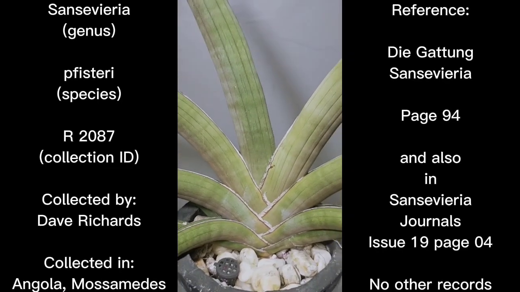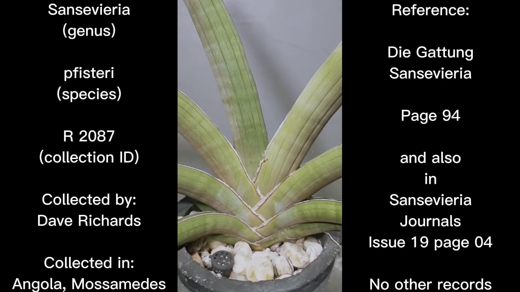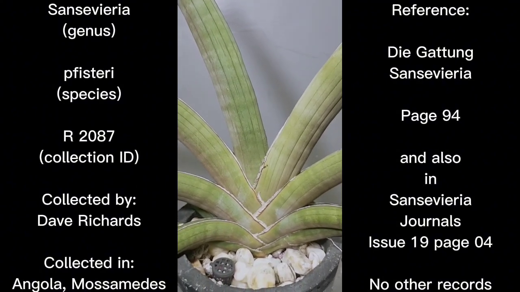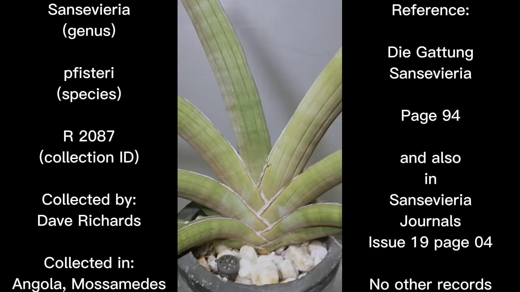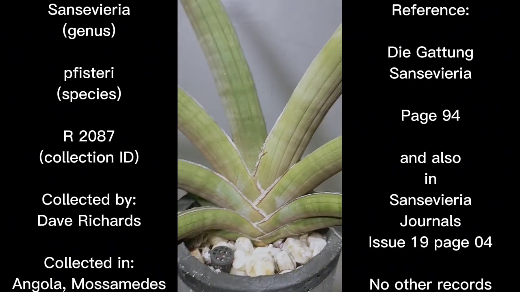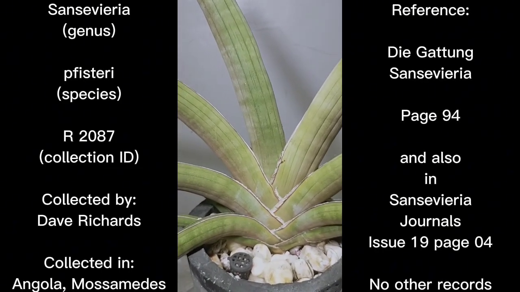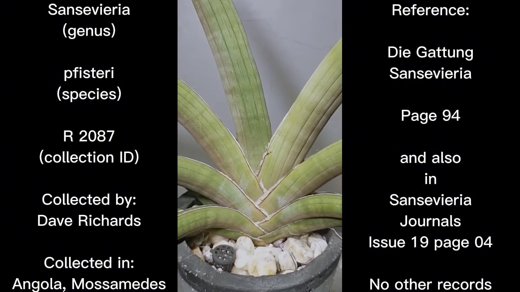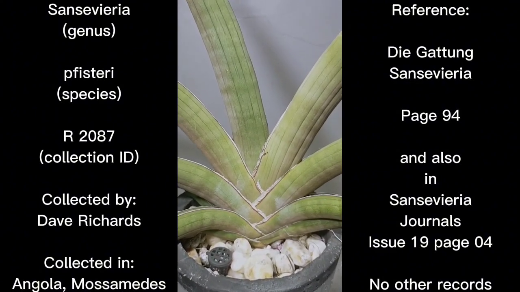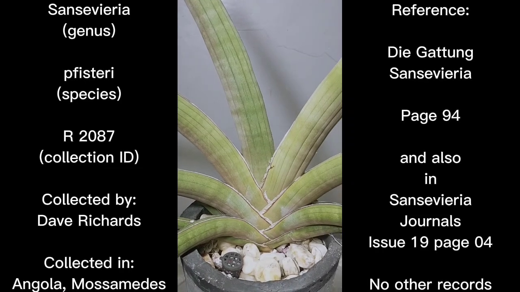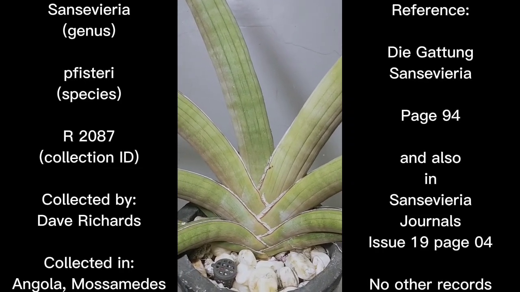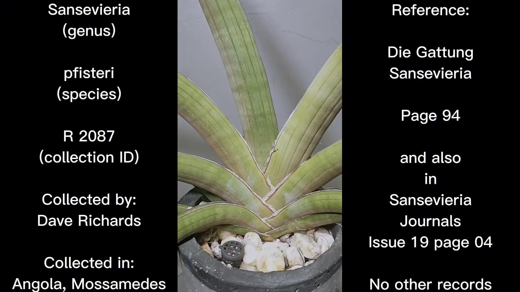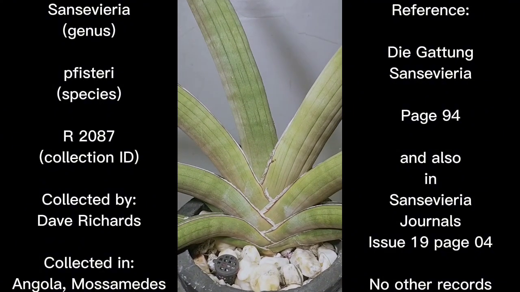So folks, Sansevieria pfisteri has no other variants. There are no known collections from any other collectors in the old books. It's just collected by Dave Richards, and it just has the collection number R2087. So you wouldn't find other collectors such as Ernst or Lavranos having collected Sansevieria pfisteri.